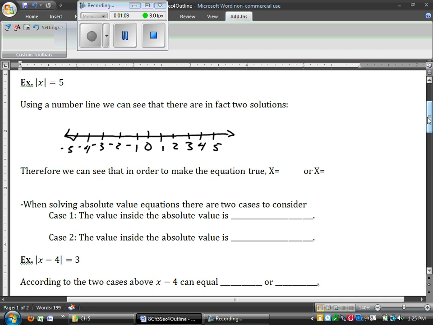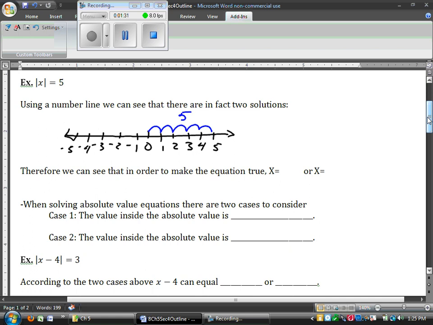We need to find a number for x that will make the absolute value of x equal to 5. Well, we know that the absolute value is the distance from 0, so we know that the distance from 0 to 5 is 5.